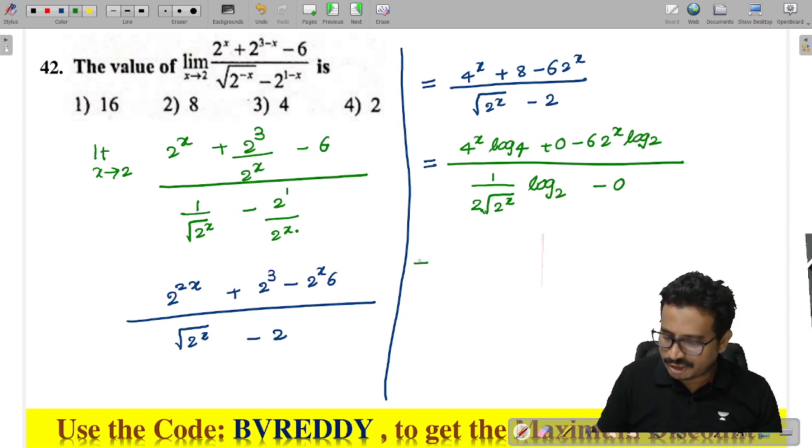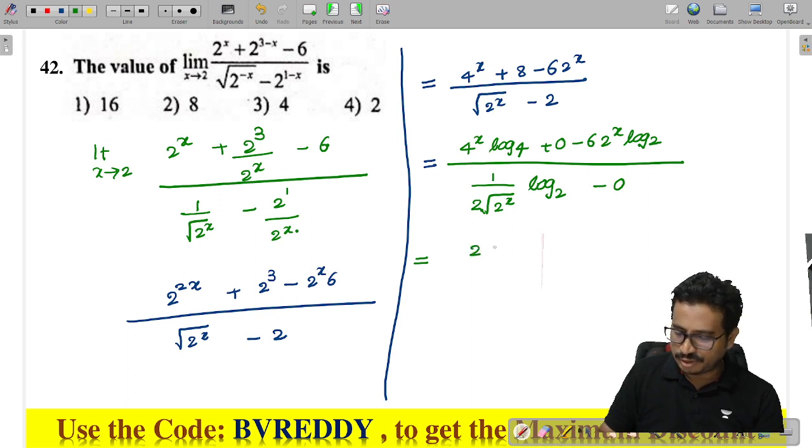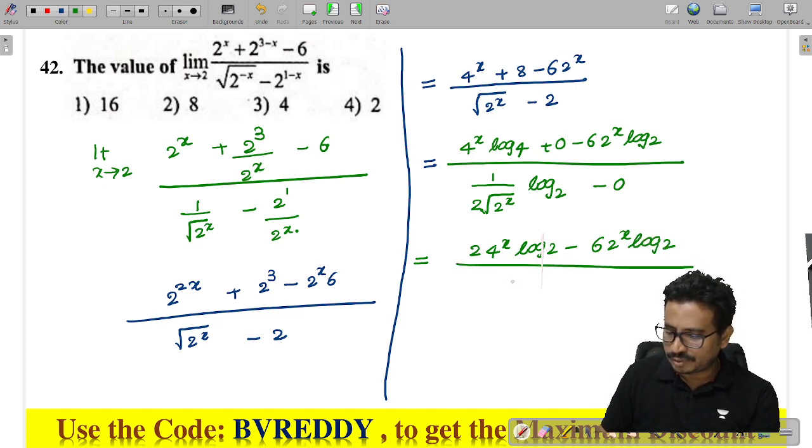Now log 4 we can say as 2 log 2, so it becomes 2 into 4 power x into log 2 minus 6 into 2 power x into log 2, by 1 by 2 into square root of 2 power x into log 2.